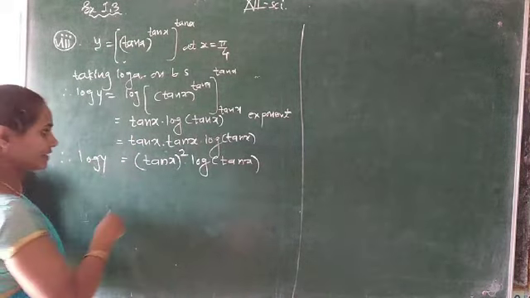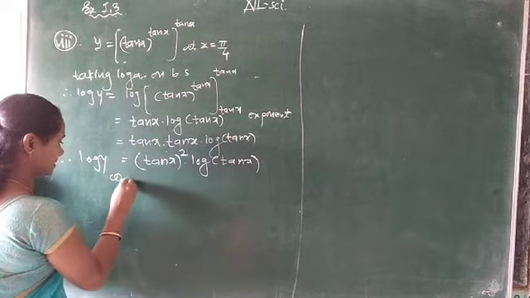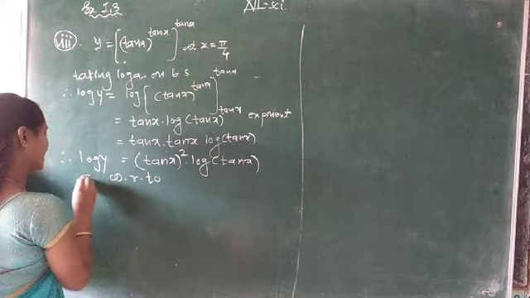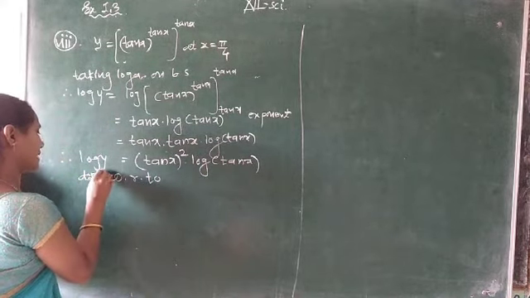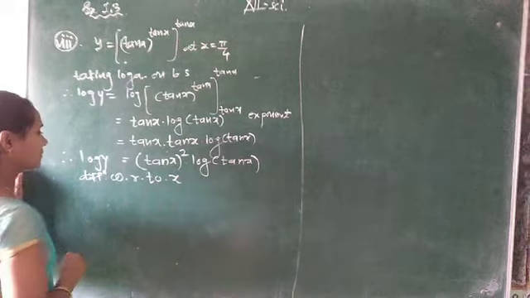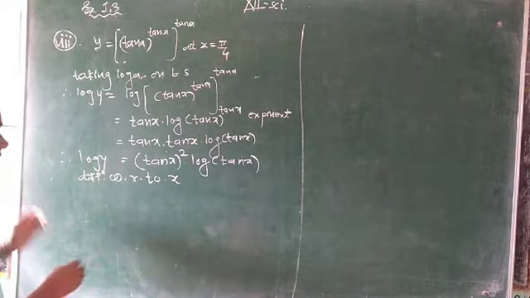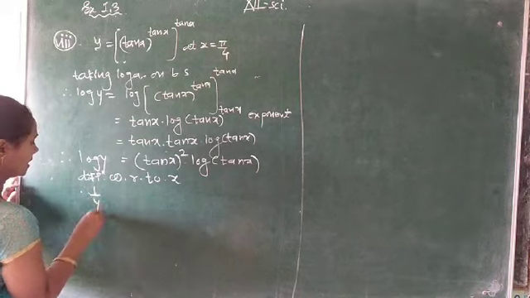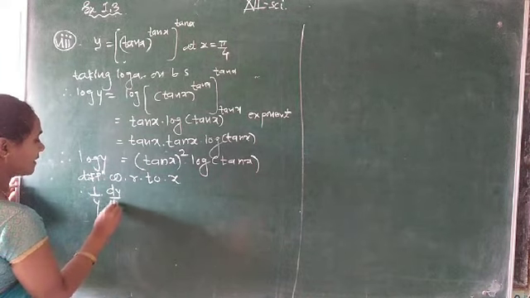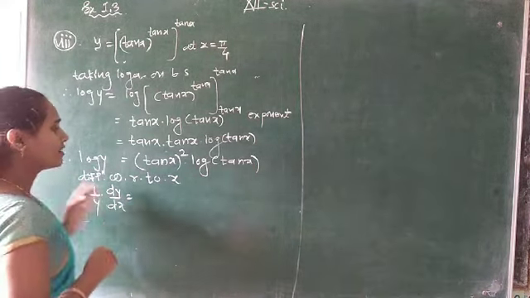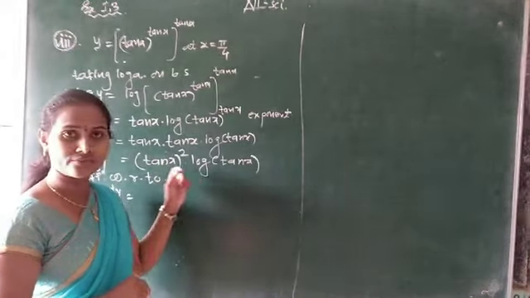Now we can differentiate the function with respect to x. That means what is the derivative of log y? 1 upon y into dy upon dx is equal to, now here I am using the product rule of derivative.